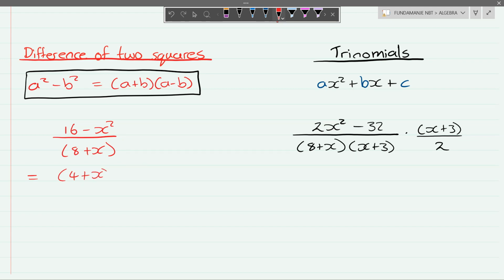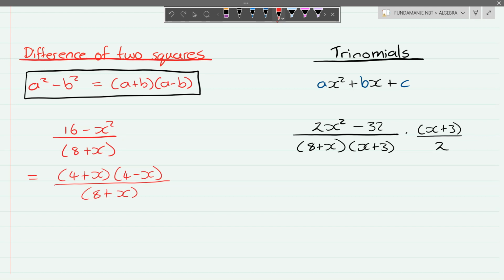So we add, then we subtract, like that. And then we say this is all over 8 plus x. And in this case, as you can see, it does nothing for us. There is nothing that we can do to simplify this problem any further.